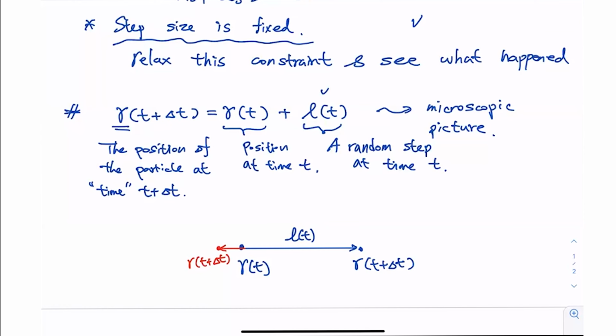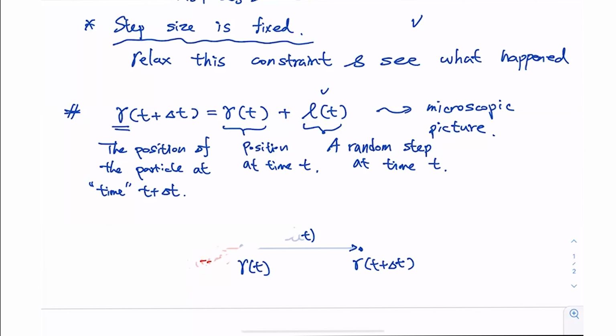If we use that language to describe the microscopic motion, then the particle will just move one step further, and then you choose another random number. You move a little bit further away, or you can move backwards by different values. So this is basically the very simple idea about this microscopic process.